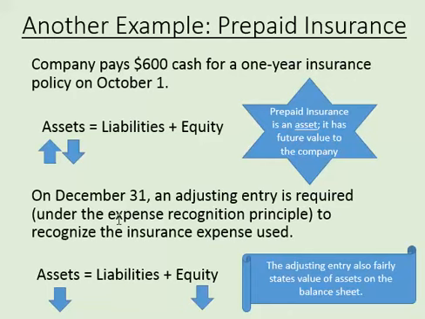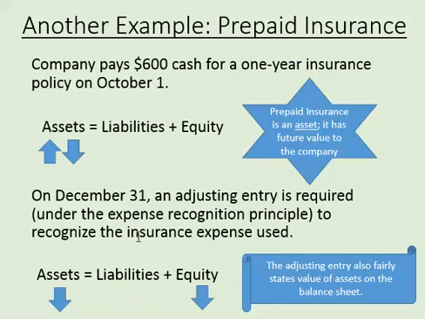Then let's say that we want to prepare financial statements as of December 31st, which is 3 months later than the date in which we purchased the 1-year insurance policy. So we need to prepare an adjusting entry as of December 31.